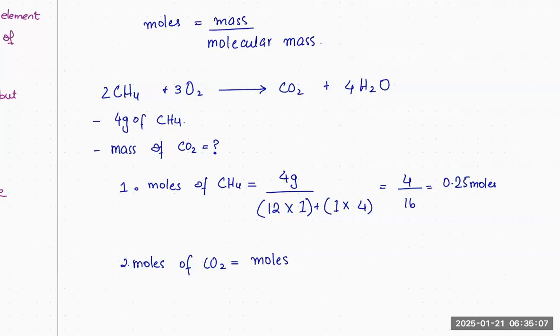Step number 1, calculate the moles of the given compound. Step number 2, find the moles of the compound in question. You do that by using mole ratio. How do you use mole ratio?